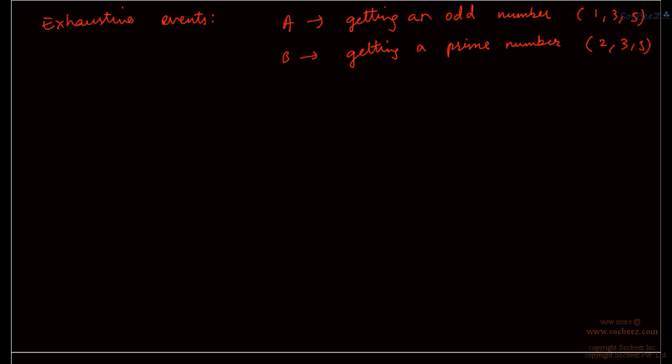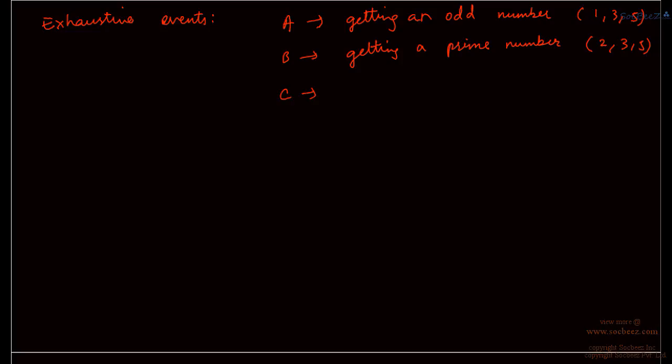Suppose I consider just these two events, A and B. Now if I roll my die and get 4, it is not under either of these events, right? So these events are not exhaustive, because if they were, every possible outcome of the experiment should be covered under at least one of these events.